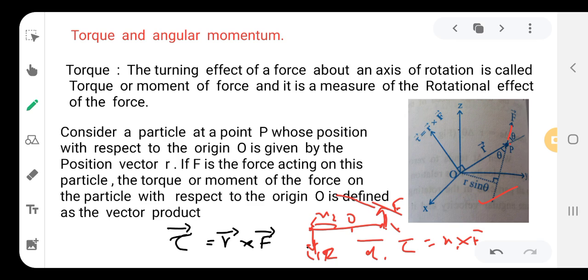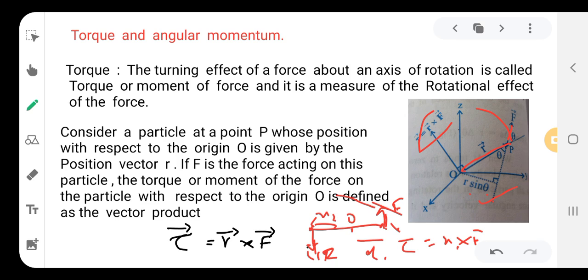The torque tau is equal to R cross F. It moves from this coordinate to this coordinate, and its component is given by r sin theta, where r is the radius vector from the origin to the point P, or the position vector.